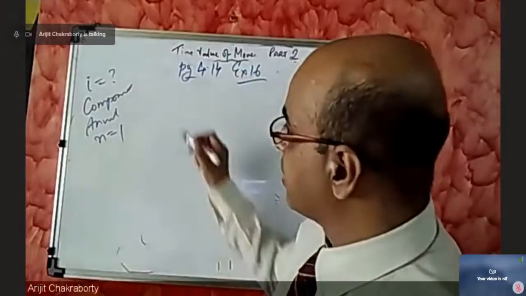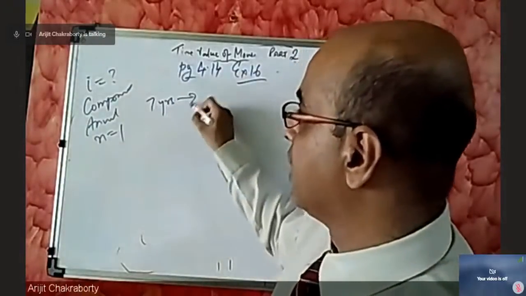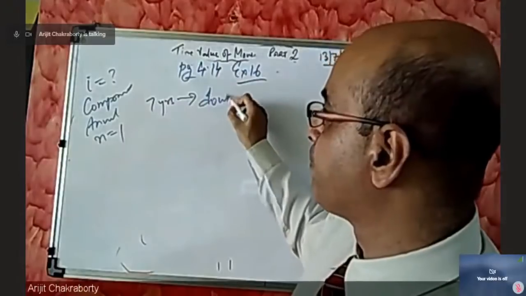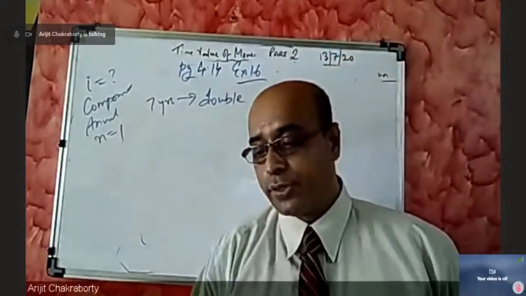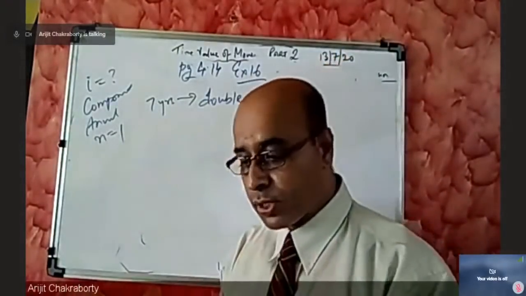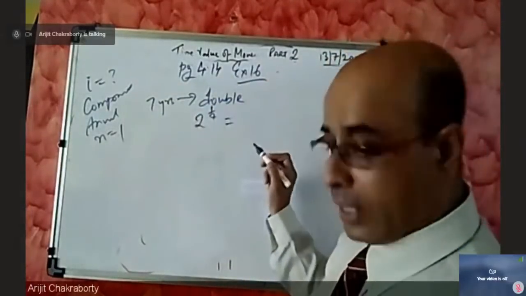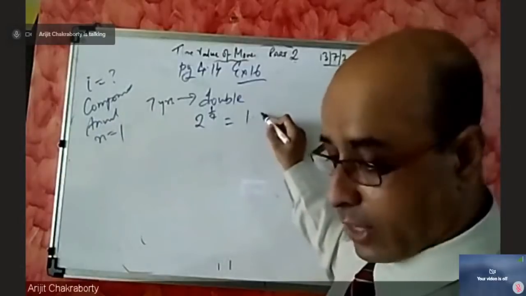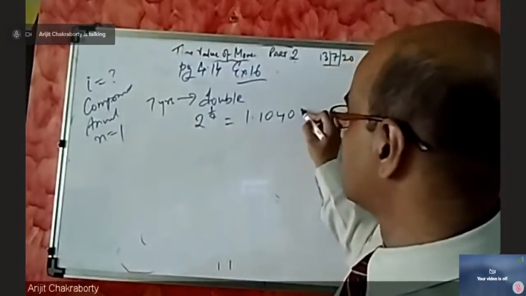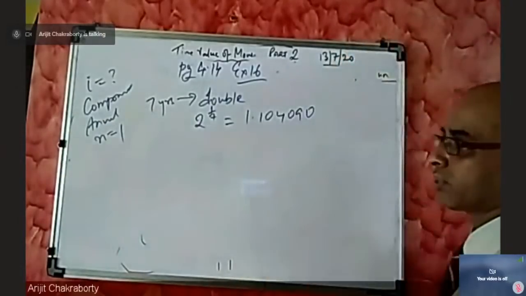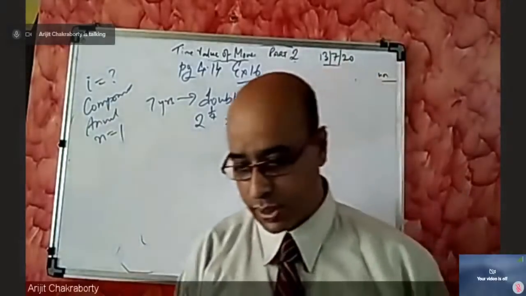In 7 years the investment is doubled, and in the problem, I am sure you have opened it, it is given 2 to the power 1 by 7 is equal to 1.104090.